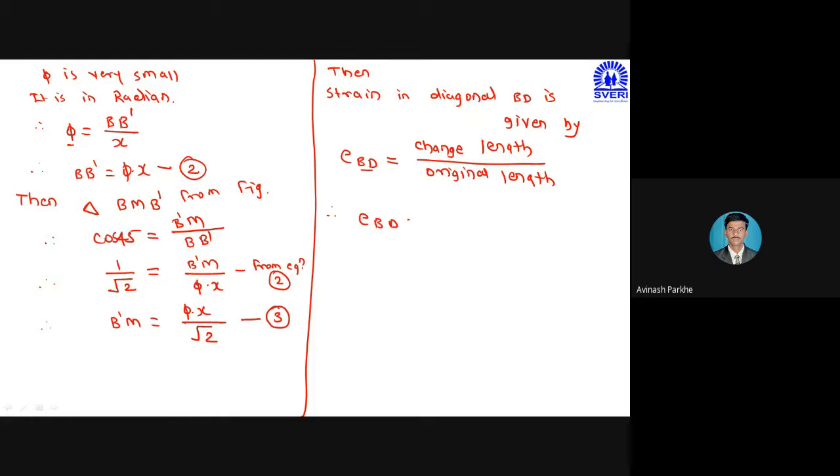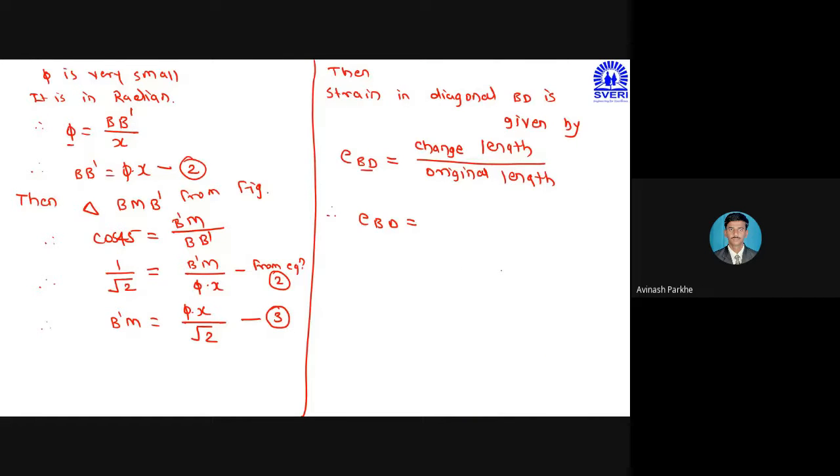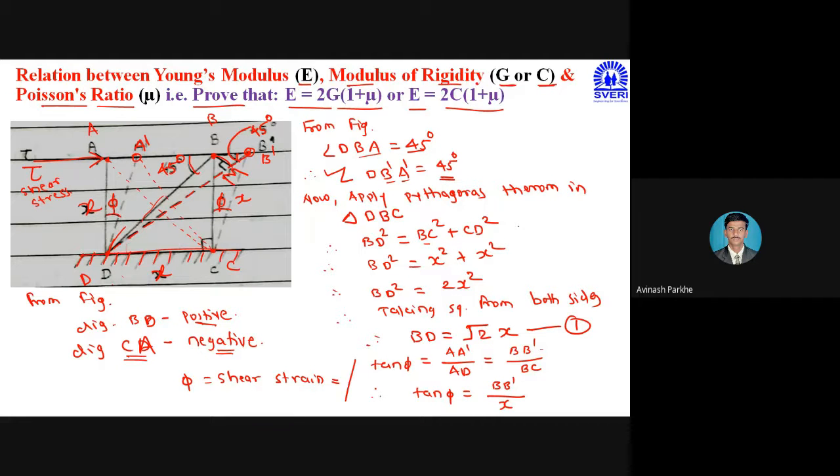Therefore, E of BD is equal to, tell me from the figure, what will be the change in dimension of diagonal BD and the original dimension. The original dimension is the original length of diagonal BD, that is the distance between B and D. But what will be the change in length?